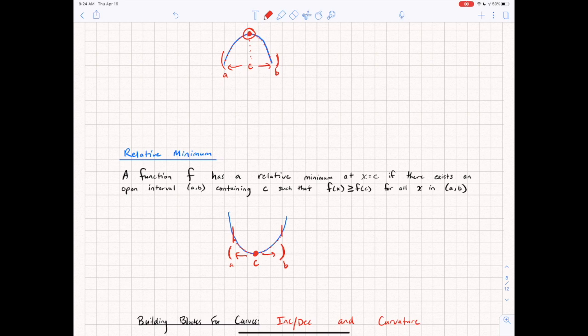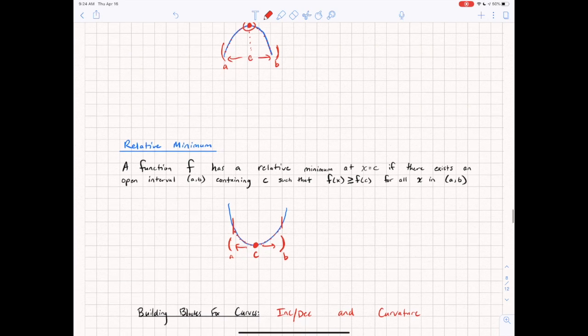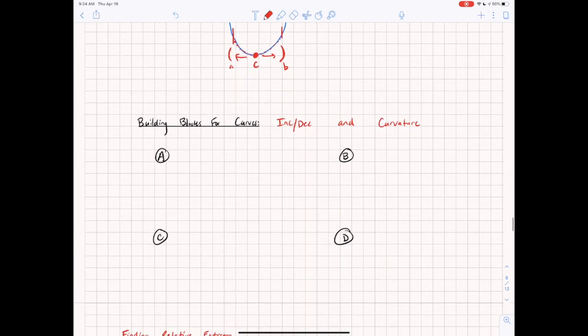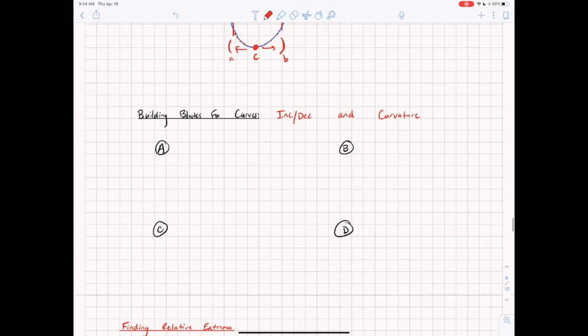All right, now before we get into the rest of the examples and really defining how we can find these relative maxes and mins, I want to review with you something that you may not have seen before, but something that I've taught a lot in my on-level calc classes in previous years, which is looking at the building blocks for curves.